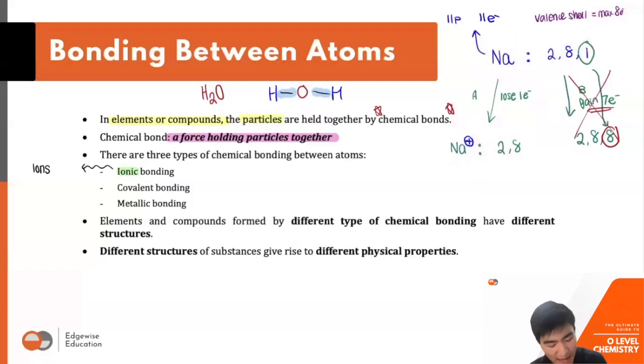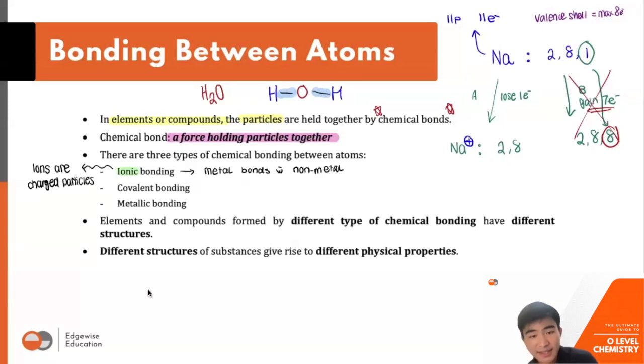Remember, ions are charged particles. Now, we are also going to learn that ionic bonding takes place when metal undergoes chemical bonding with non-metal.